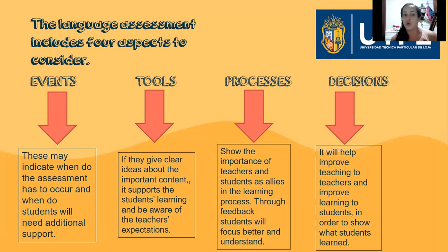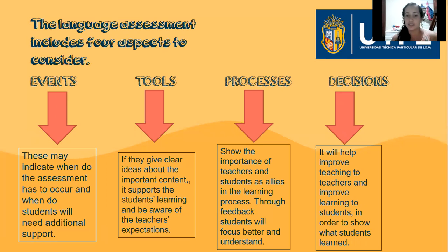Number 2, the tools. For example, the activities have to be clear, and we have to give clear ideas about the important content that will help students learn, and they will be aware of teachers' expectations.